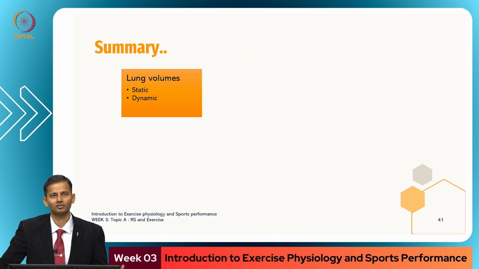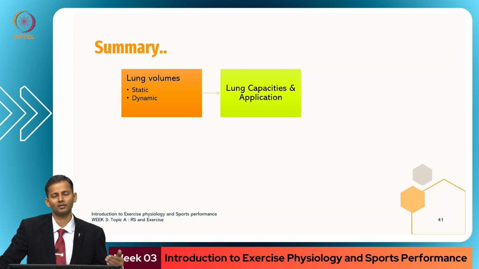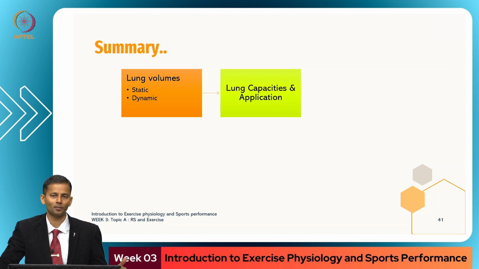So to summarize, we have two different lung volumes, static and dynamic, various lung capacities, and we saw different applications of them in disease conditions: in obstructive disease, in restrictive lung disease, as well as in exercise-induced bronchial constriction.